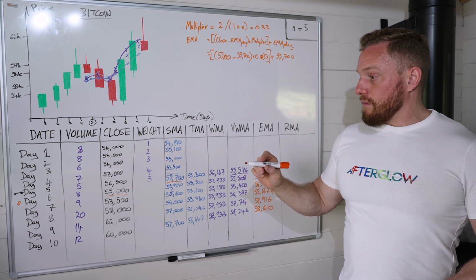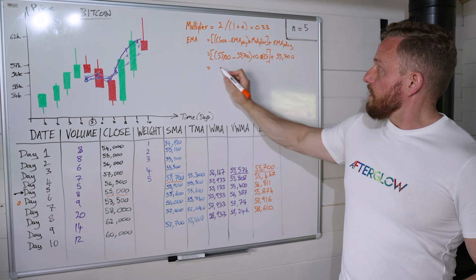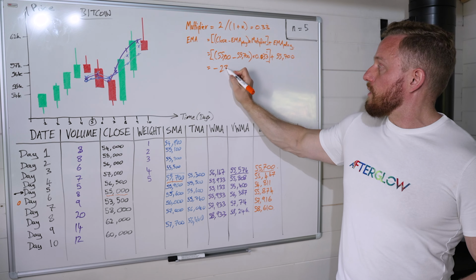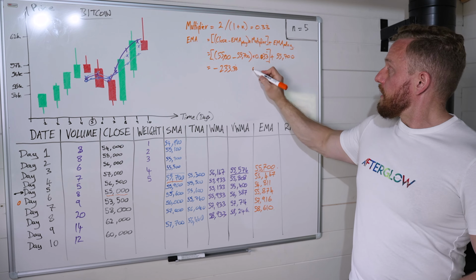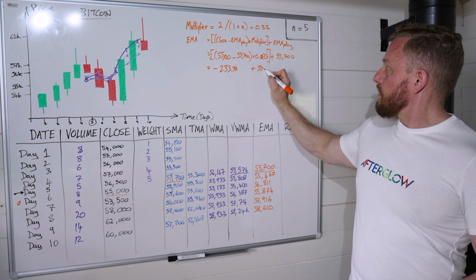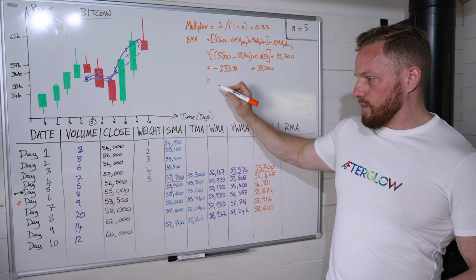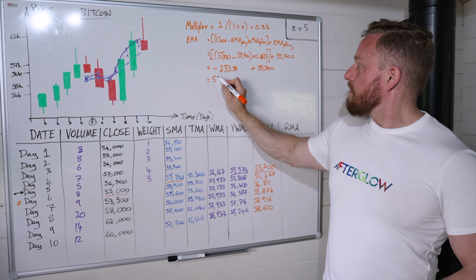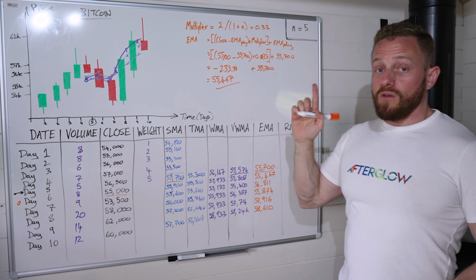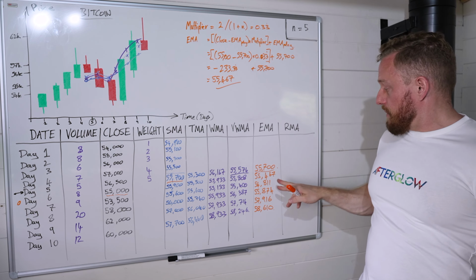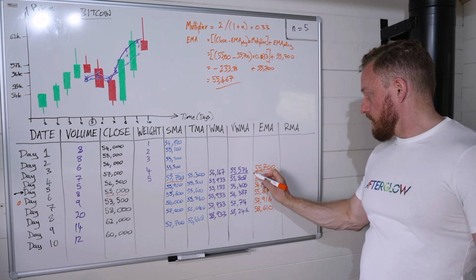Now, if you multiply that through, this part is minus 233.33 recurring plus 55,700, and that equals 55,467. So that is our EMA value on day 6, which is that value there.